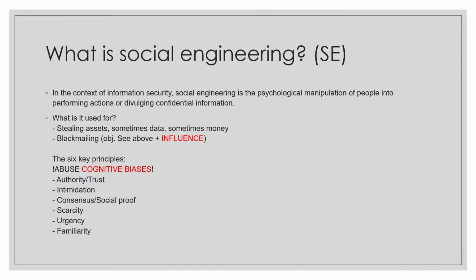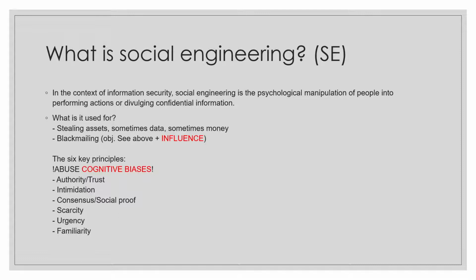And also, and this is where they usually do more damage to corporations, for example, is blackmailing. Social engineering, or SE as I'm going to shorten it, can be very much used to blackmail and force people through blackmailing or stealing to do something so they can gain influence over a certain corporation or group of people.